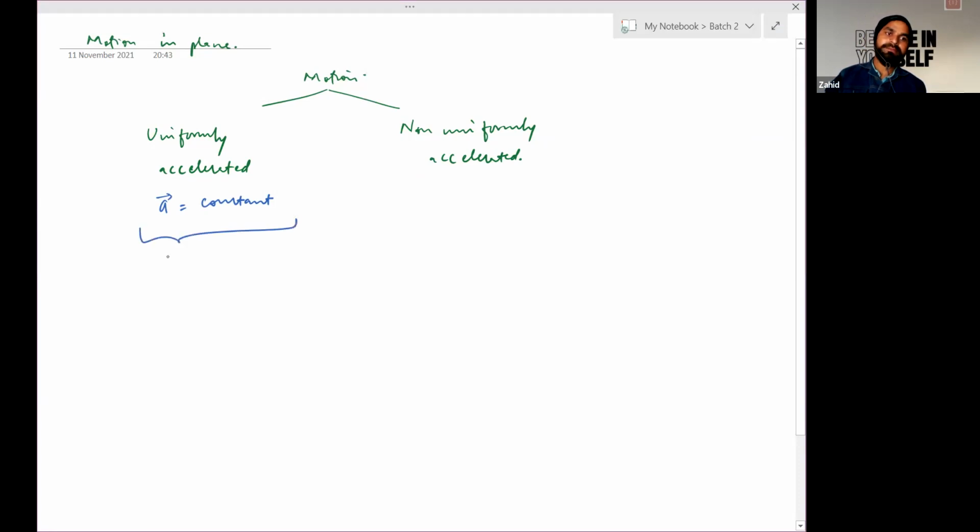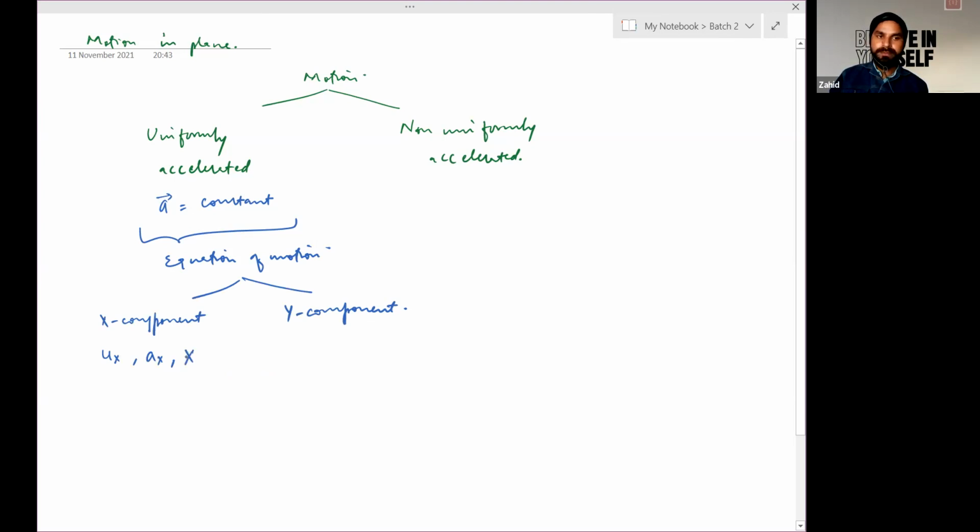So we will use the equations of motion. I am defining how to solve it. Try to break each term into two different independent axes, as x component and y component. So first of all, try to find the x component and the y component individually, on the basis of which we can define initial velocity, acceleration, displacement.